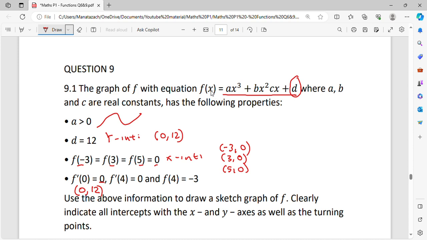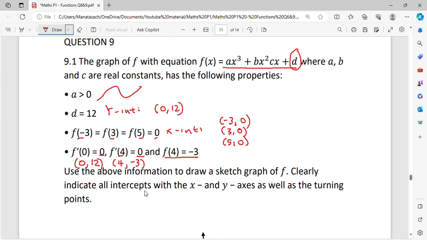When you replace x in each term, you get f of 0 as 12. And then here is also a turning point because the gradient is 0. So you have another turning point there, 2 turning points.